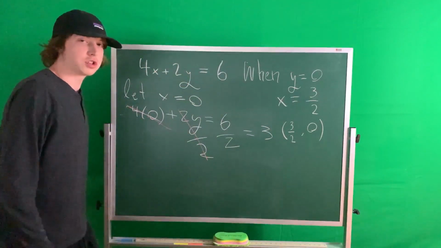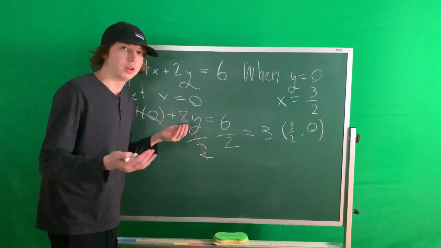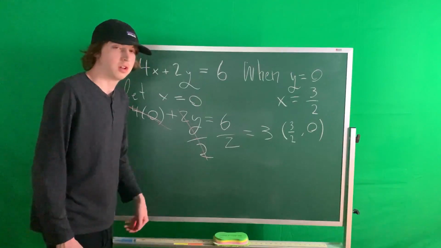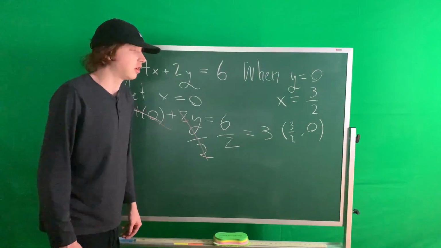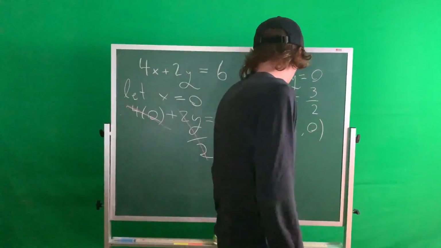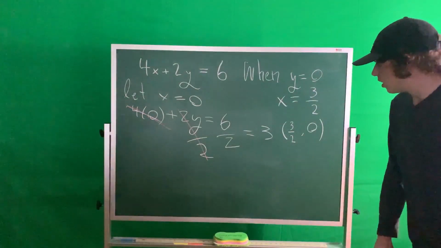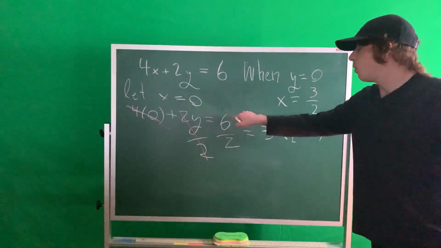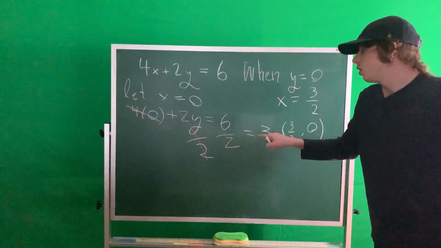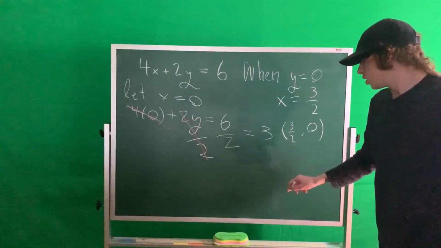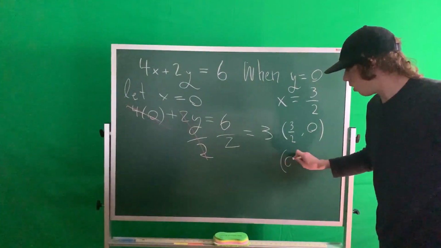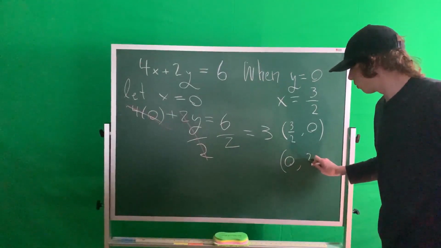There. My first whole number solution from all my videos. Everything has just been fractions. Alright, so now we know that when x is equal to 0, y is equal to 3. So we'll express that as (0, 3).